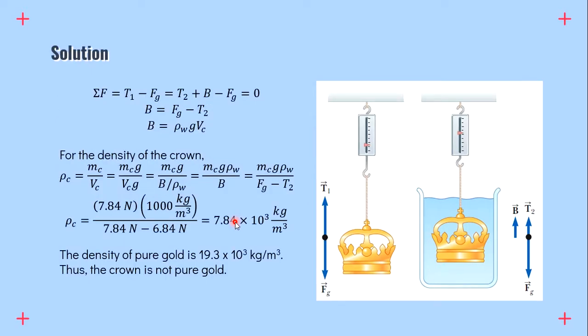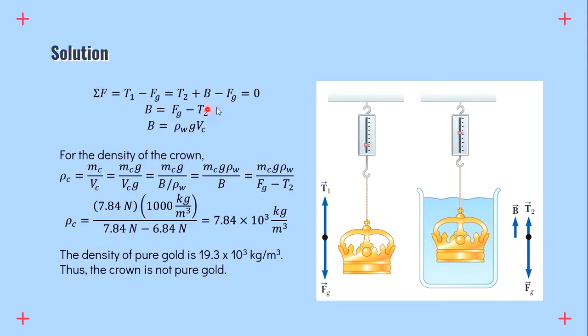So first, let us do a summation of forces here. In case 1, the summation of forces is T1 minus Fg equals 0. And in case 2, T2 plus B minus Fg is equal to 0 also.